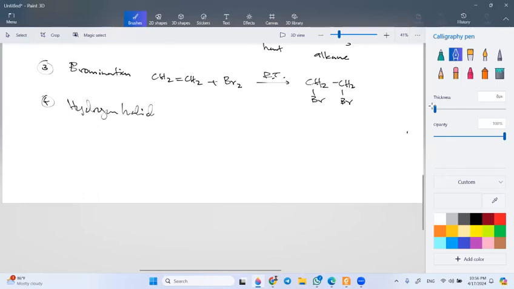So whenever you add hydrogen halides, get the alkene here and you can add HCl or HBr, whatever thing, children. So this reaction even occurs at room temperature. So hydrogen goes to one place and chlorine goes to the other place. That's what we call adding hydrogen halides. Right?